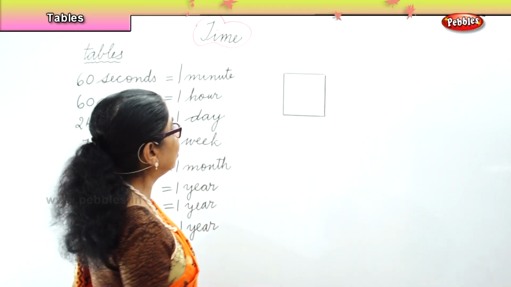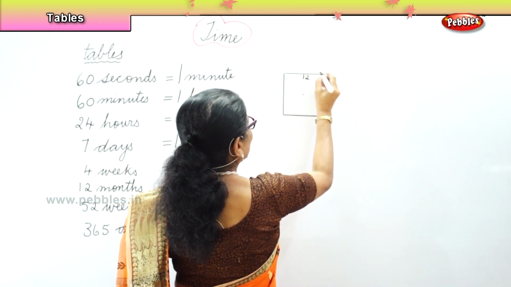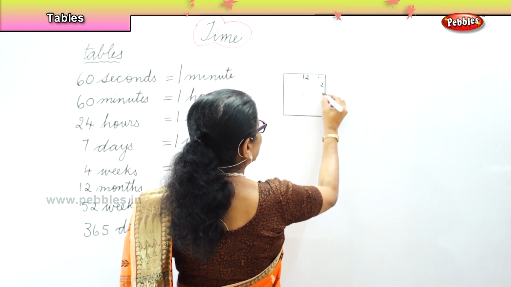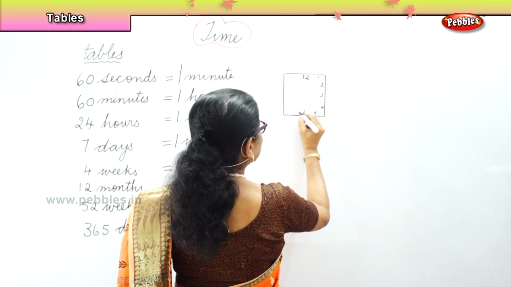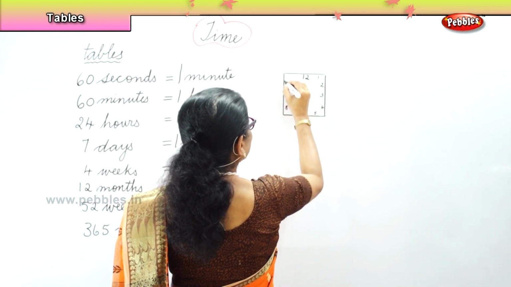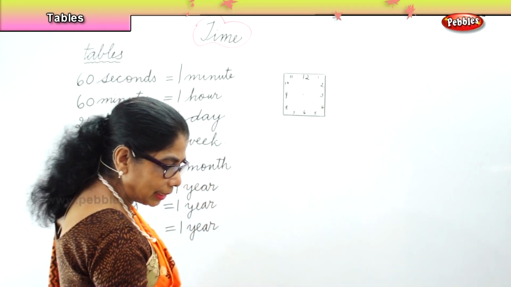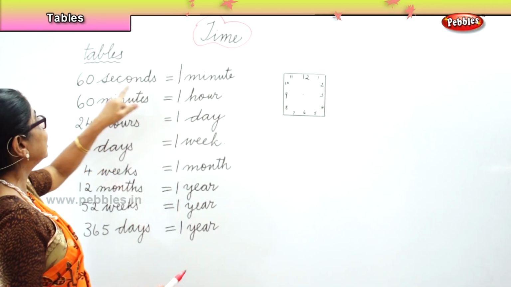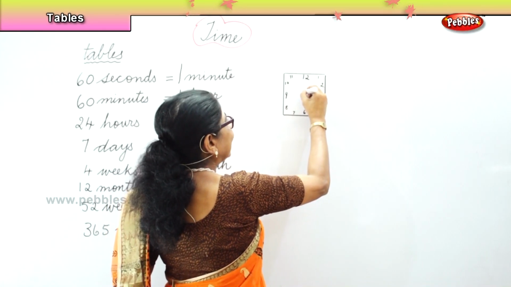In the clock, we have numbers 12, 1, 2, 3, 4, 5, 6, 7, 8, 9, 10, 11. Most clocks will have a minute hand and an hour hand. Sometimes you get a second hand. Now I am going to give you a second hand.